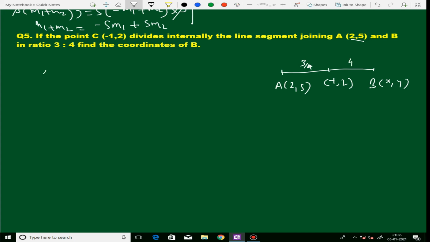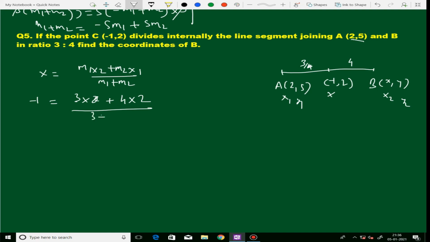So we know that x equal to (m1 x2 plus m2 x1) upon (m1 plus m2). So here x coordinate, this is x. So x coordinate is given -1 equal to m1 is 3 and x2, this is x2 y2 and x1 y1, so x2 is x, plus m2 is 4 and x1 is 2, upon 3 plus 4.